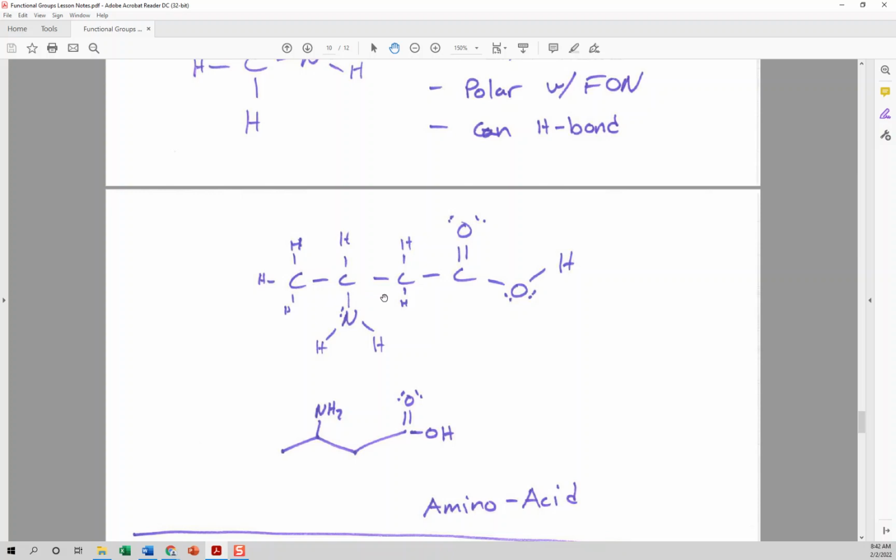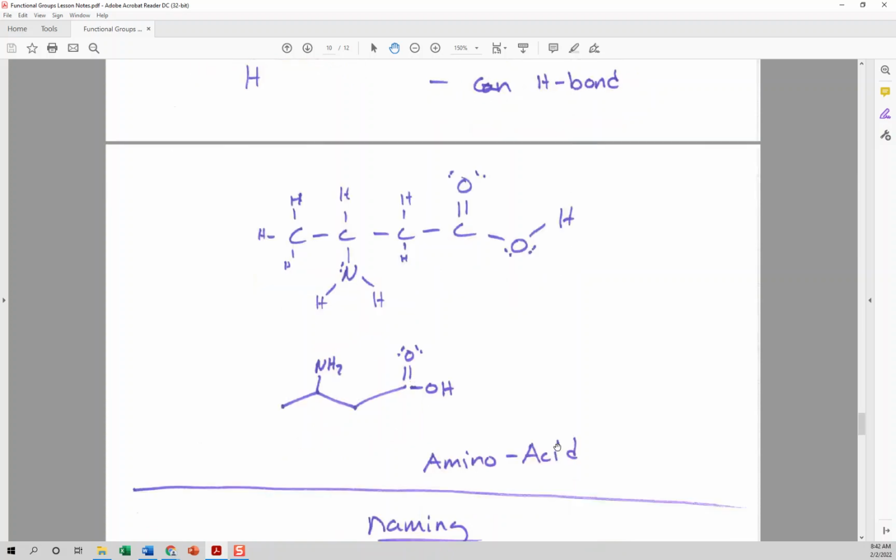Now that you know some lingo, right? I have an acid group, carboxylic acid group. I have an amine group. I have an acid group and an amine group on the same thing. You guessed it. This is called an amino acid. You got an amine group, you got an acid group, amino acid, right?